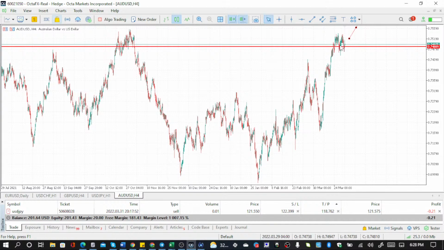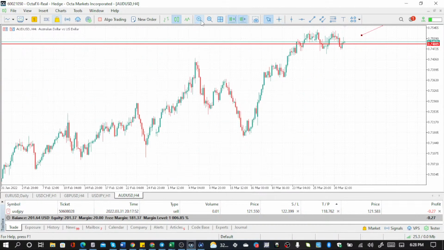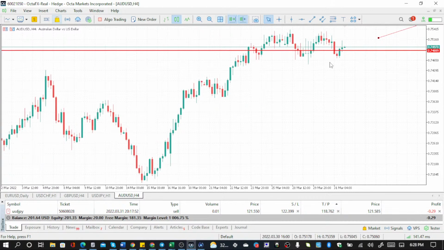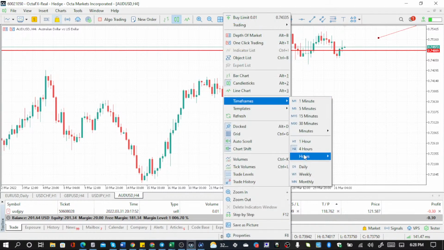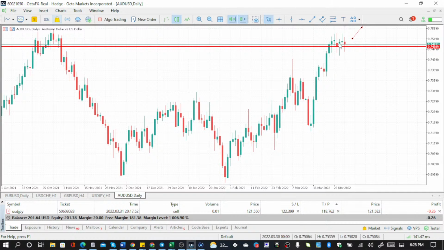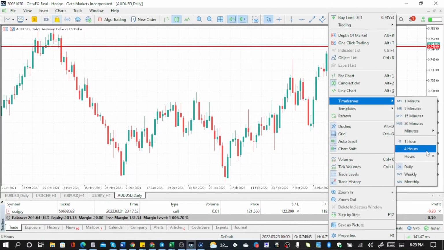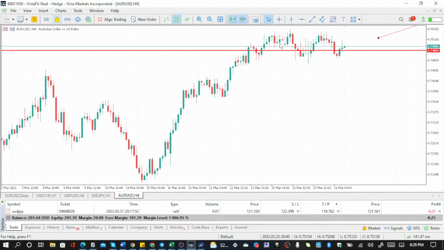This shows that price is consolidating at this level to gather momentum, either to break out and keep going higher, or to fall further. But from the daily time frame we can see a bullish indication. In the 4 hour time frame we are seeing a kind of rally and consolidation.